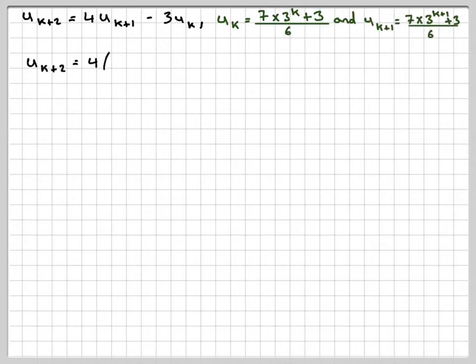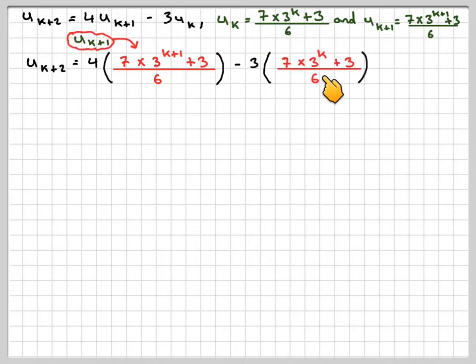So u_{k+2} will be 4 times (7 × 3^{k+1} + 3)/6, substituting that one in, minus 3 times (7 × 3^k + 3)/6, substituting this one in, that's u_k.